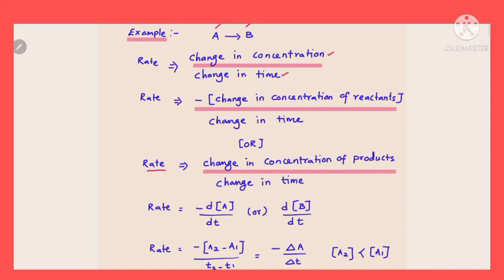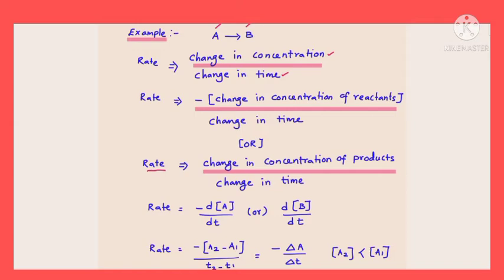Now, when you see these two expressions, in case of reactant we are using a minus sign, because the concentration of reactant gradually decreases as the reaction proceeds. So the change in concentration is final concentration minus initial concentration.